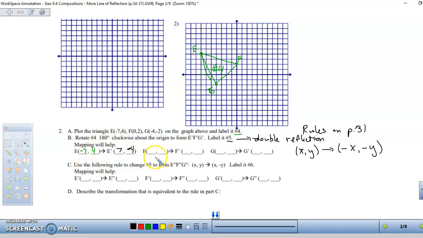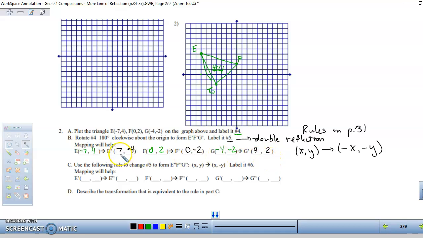So take a minute and pause and do that for F prime and G prime. Okay, so for F, we're at 0, 2, and therefore F prime. Changing the sign of 0 doesn't do anything, so you just recopy it, but you change the sign of the 2. G is negative 4, negative 2, so you're going to change both signs to positive 4, positive 2.